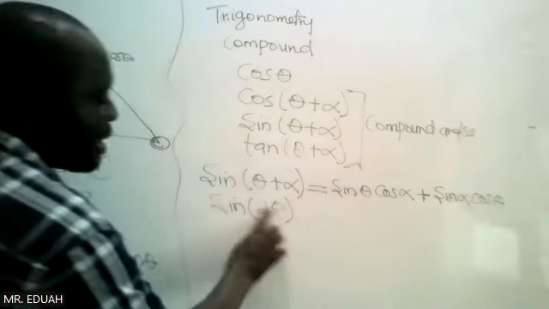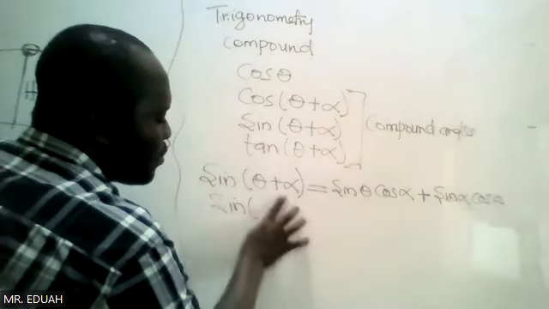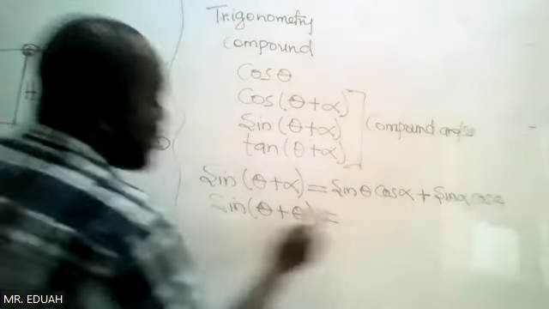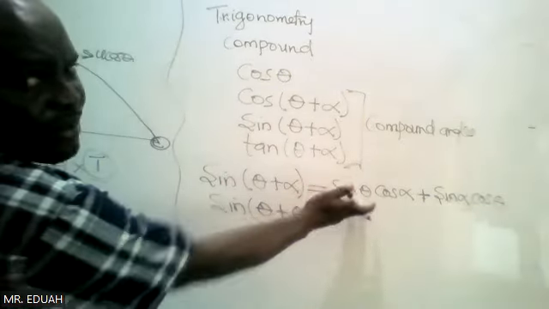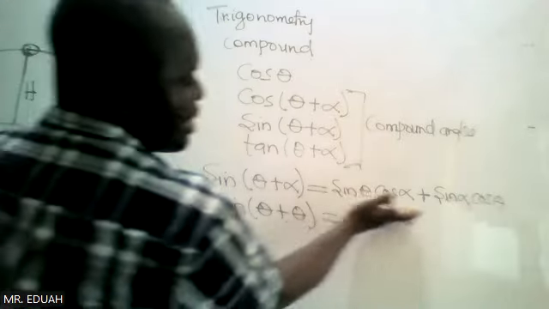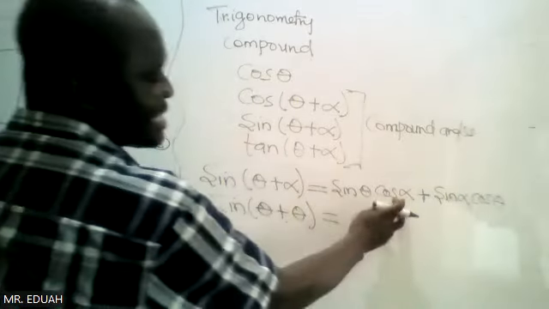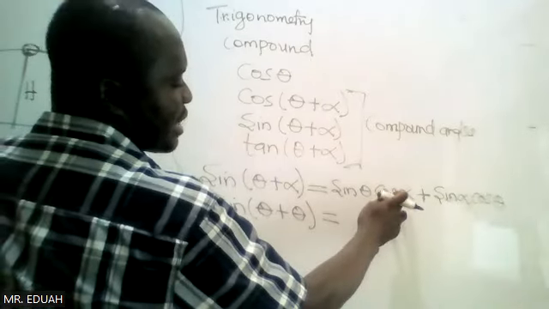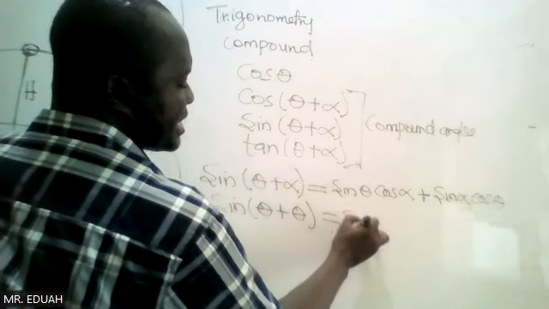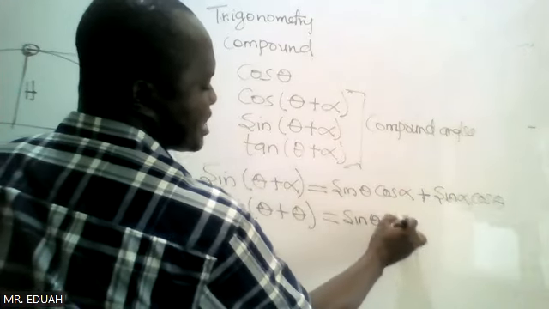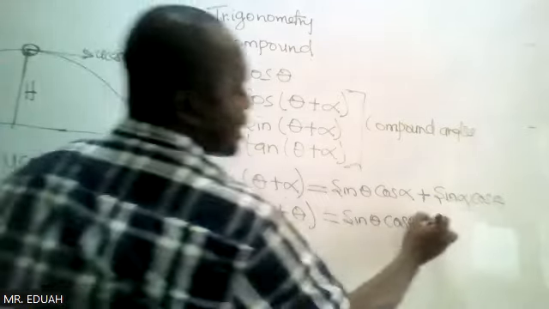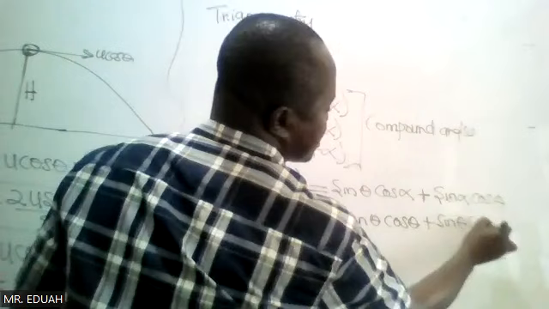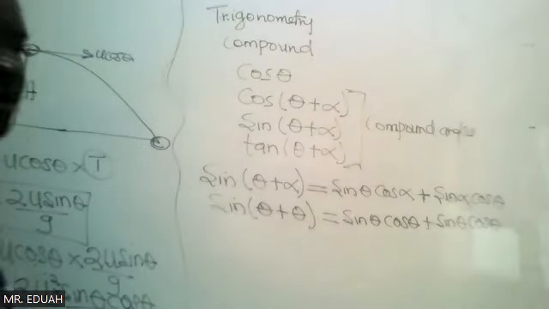So when you have the same angle, a double angle, which is theta plus theta, the expansion of this is the same formula, but this time the angles are the same, so alpha will be theta. So we have sine theta cos theta plus sine theta times cos theta for double angle.